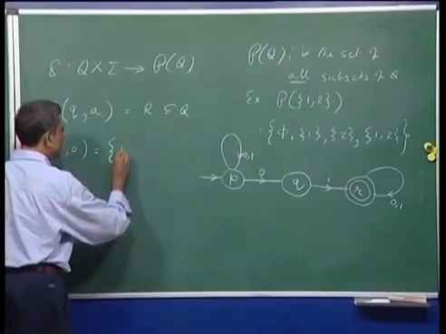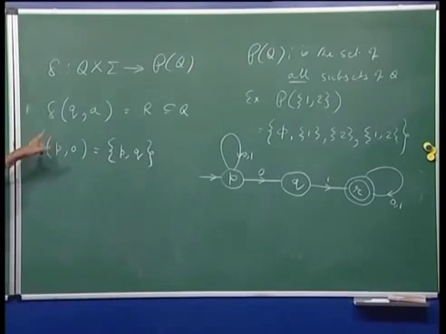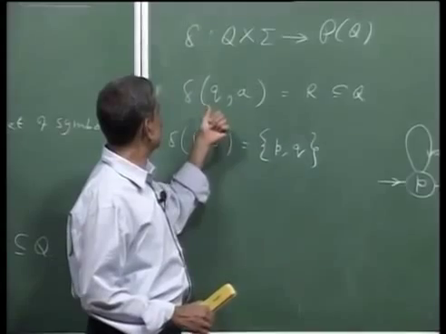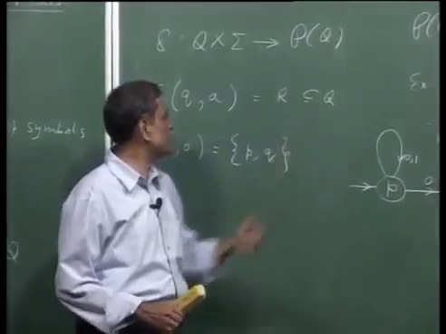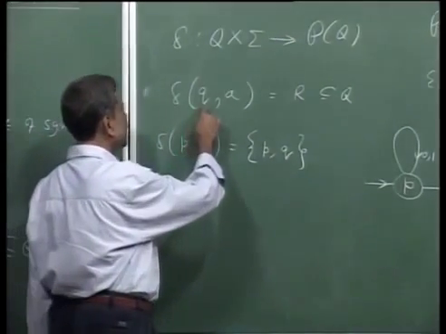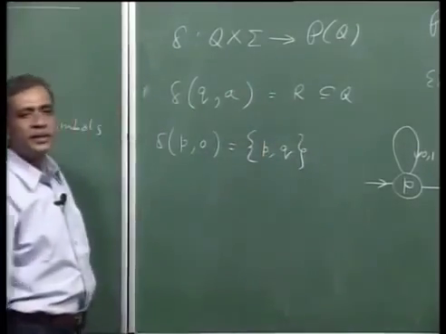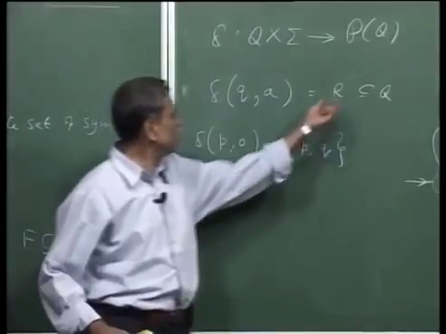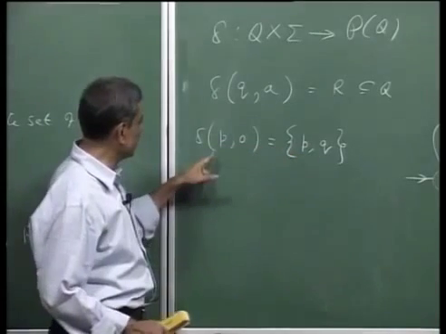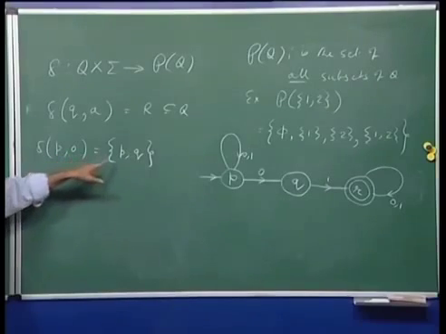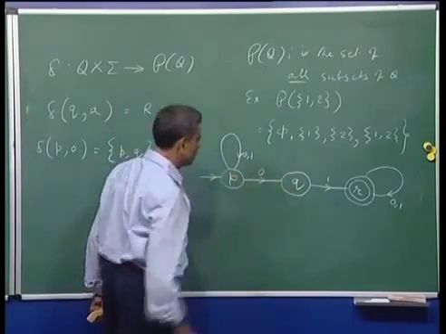So, the understanding of this is that if we have delta of Q and A is R, which is a subset of Q, the machine from state Q on symbol A can go to any one of these states of M which are in R. Like here, our machine from P on 0 can go to P on 0, it can also go to Q on 0.